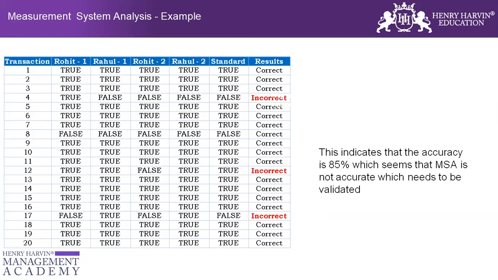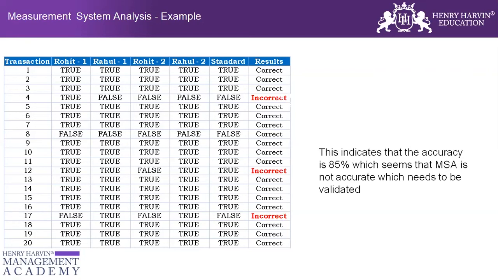Each and everything is done. So not only 20, which we have taken as an example: if Ranbaxy is producing 1 lakh medicines, let's say 1 lakh paracetamols, each and every medicine will be measured by 3 or 4 operators. So it depends upon the part that we are measuring. So these are parts or transactions.